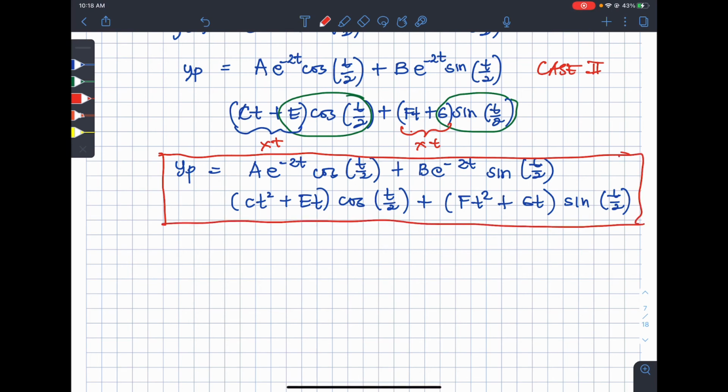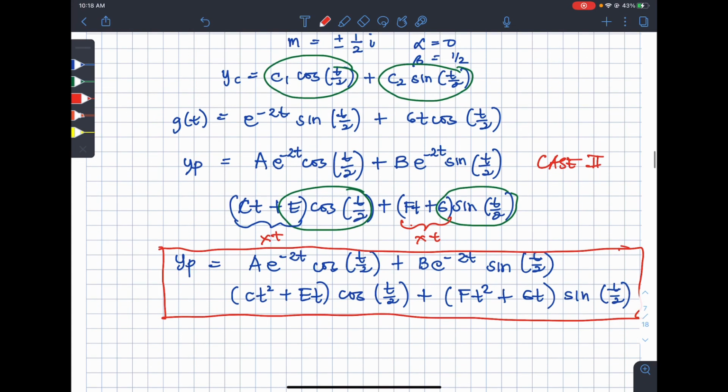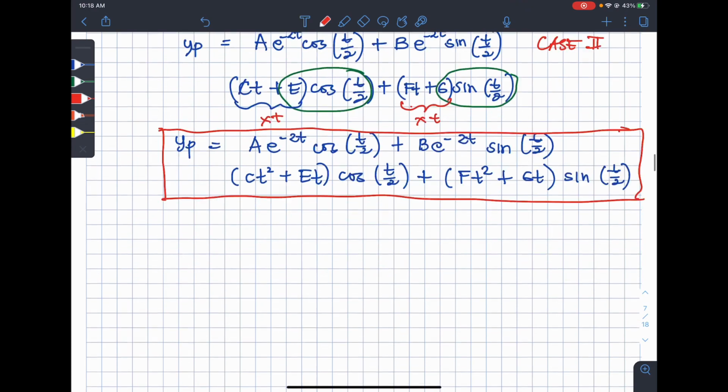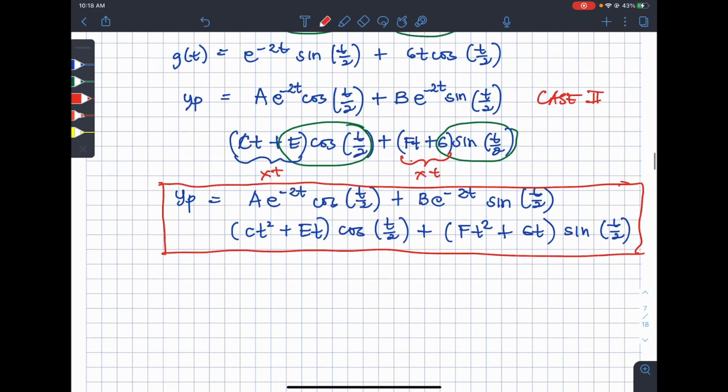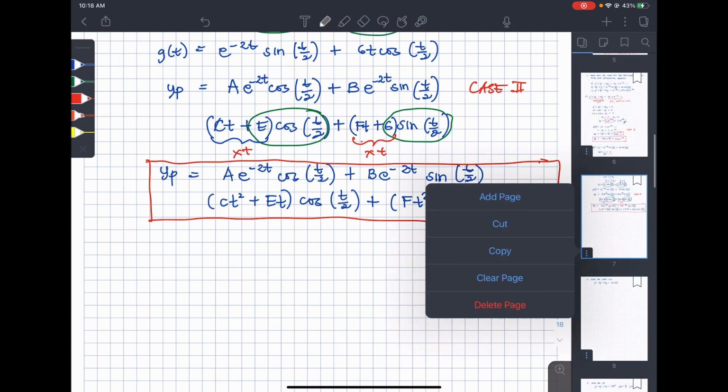As you can see here, it no longer resembles our complementary solution. The complementary solution involves only a constant, so we don't have a constant here anymore. They are now multiplied by the independent variable t.